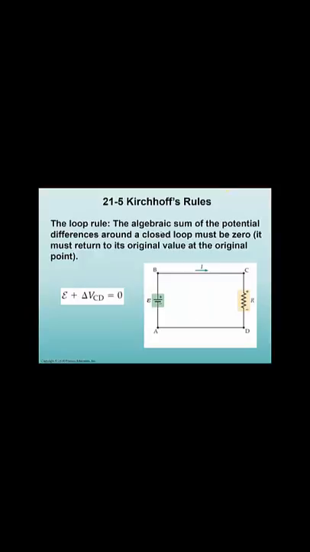In the loop rule, the potential difference around a closed loop must be 0. So let's just define what a gain in voltage is and what a loss in voltage is. When you gain energy, you're going from a negative to a positive polarity. So if you're going up through this battery, you're gaining voltage.